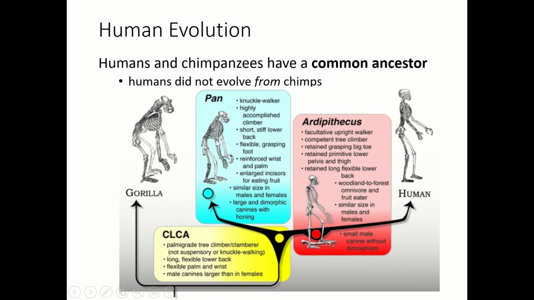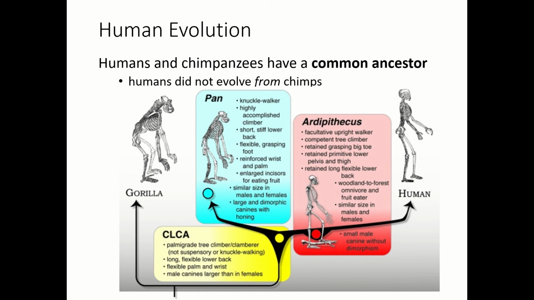Humans and chimpanzees both evolved from what we call a common ancestor. That is an organism that lived long, long ago. At some point in history, chimpanzees and humans started to diverge, and two separate branches of the family tree were created.